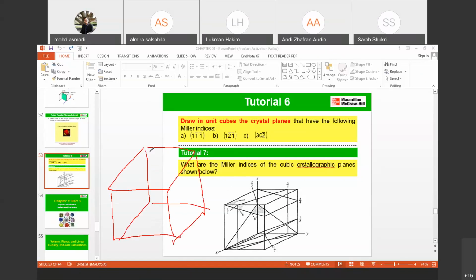This is tutorial 7. Can you determine the Miller indices? So this is the plane. If you look at here, this one is 3, 4.